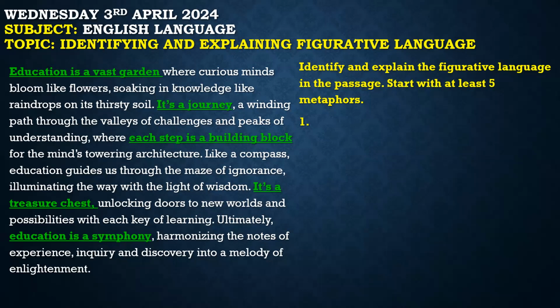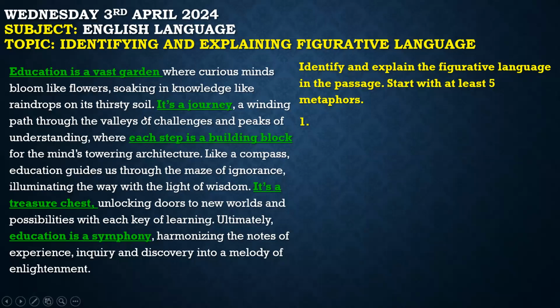What are the symbols that are used inside of this? Imagery. What are symbols used that appeal to our sense of sight? So we have a garden. We could see the garden in our minds, a vast garden. Flowers, right?